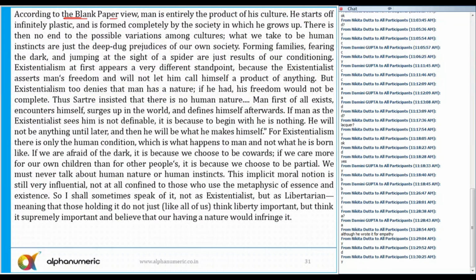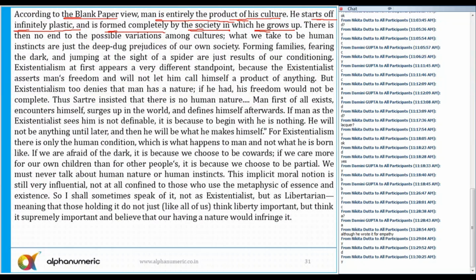Because you are a clean slate, your culture tells you what to do and what not to do. You are the product of your culture. So when you start in life, you are infinitely plastic. That is, throughout your life, you are plastic. You keep changing, you keep adapting, and you are formed completely by the society in which you grow up.